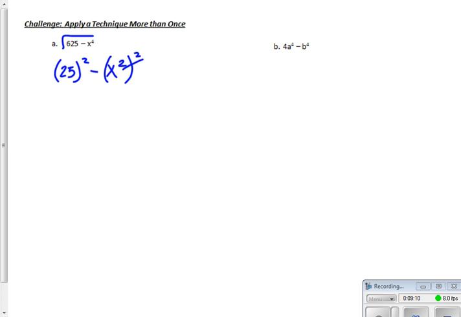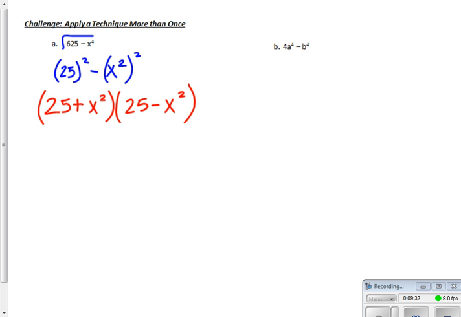The power to a power, 2 times 2 is going to give us x to the 4th power. So this is what you would have, and then you would go ahead and rewrite this. Well, we have 25 plus x squared, and we'd have 25 minus x squared.